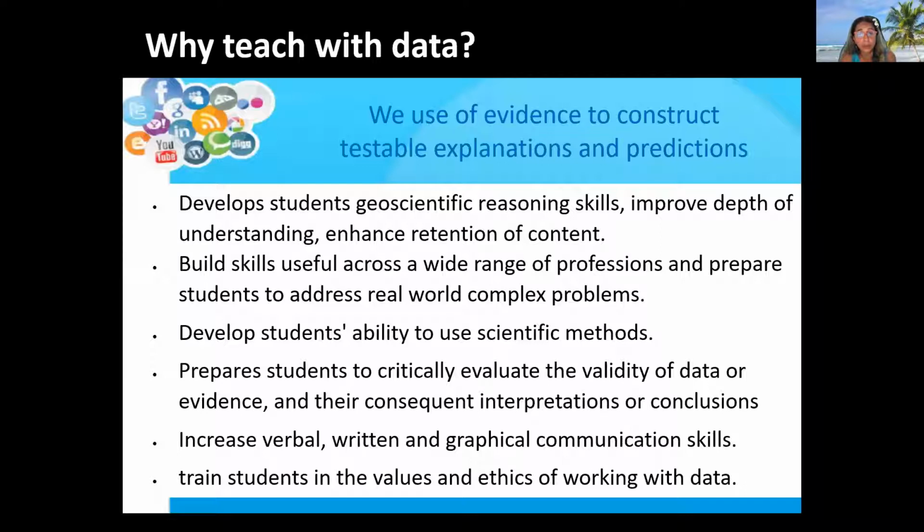Studies have shown that when we use evidence to construct testable explanations and predictions, this helps students develop their geoscientific reasoning skills, improve the depth of their understanding, and enhance the retention of the content. It also, as I said, builds skills that are relevant to a wide range of professions and helps them assess real-world complex problems. It also helps with increasing their verbal, written, and graphical communication skills and exposes them to the ethics of working with data.